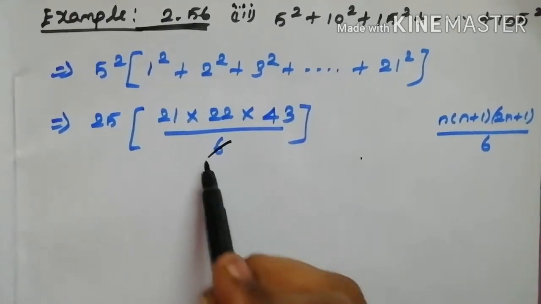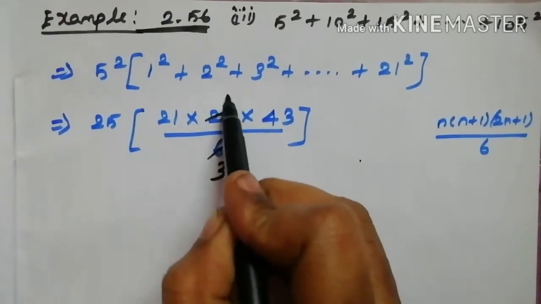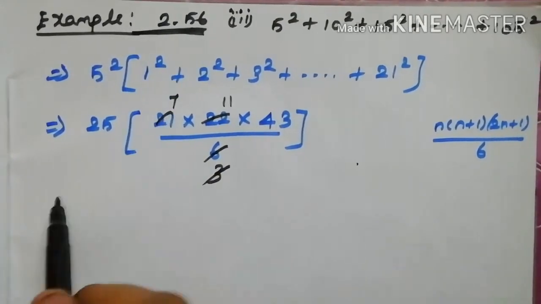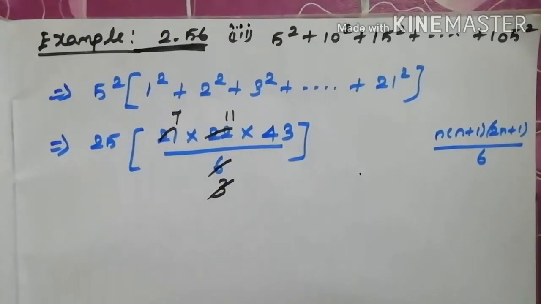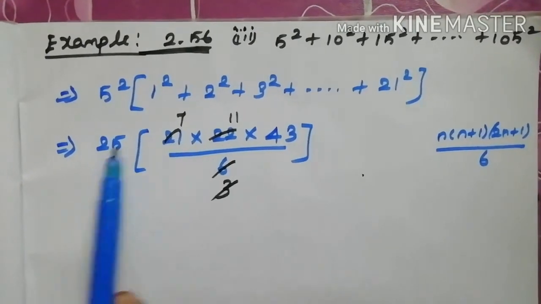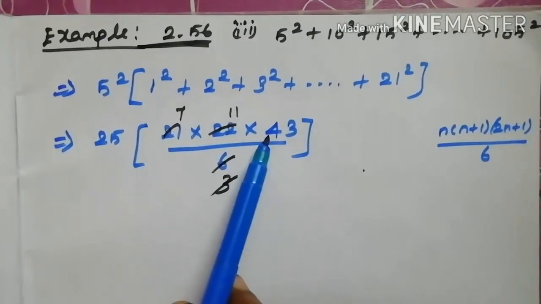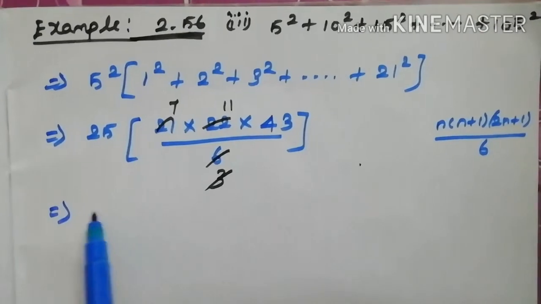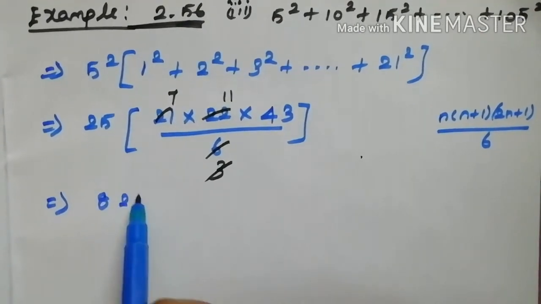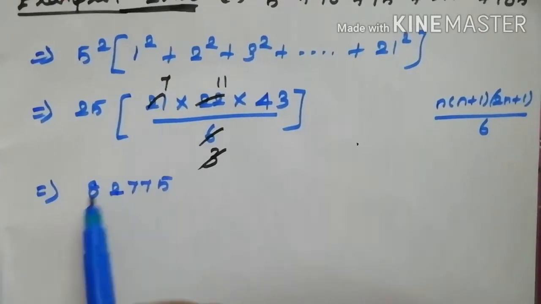Let me cancel: 2 threes are 6, 11 times, 7 times. Next we multiply all these numbers, that is 25 into 7 into 11 into 43, and we get the answer 82775.